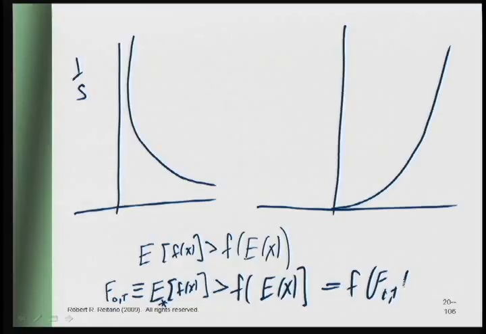So it's explainable by Jensen's inequality that if we have any convex function, the forward price on that function of S will be greater than the function applied to the forward price of S. So this is going to be general.